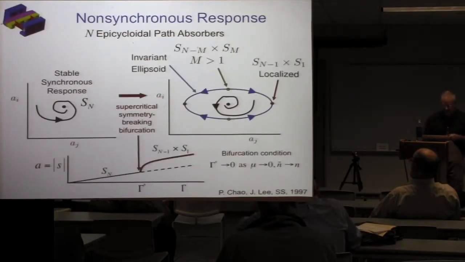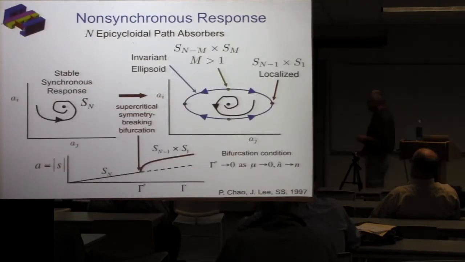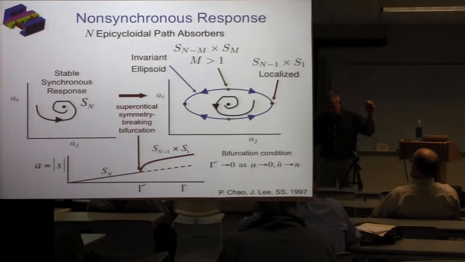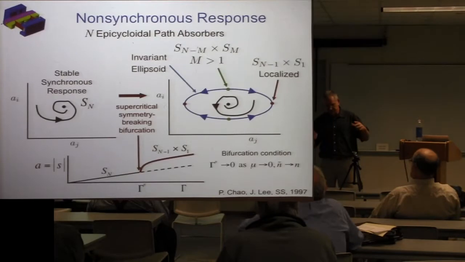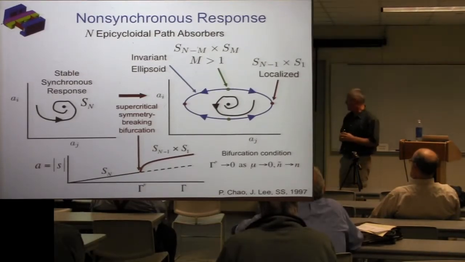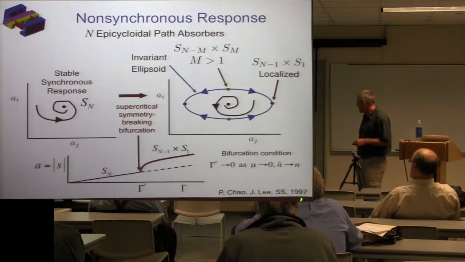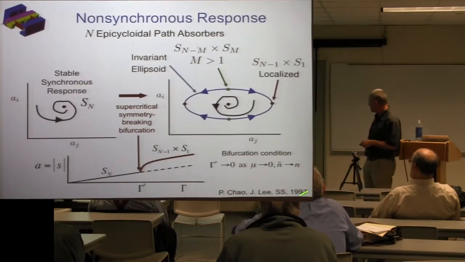And let me first talk about this tautochronic epicycloid absorber. So now we have a set of n absorbers. They're all essentially linear out to large amplitudes, but they're coupled to this rotor. So I have this nonlinear coupling to the rotor, and it turns out that Paul Chow, a PhD student of mine from a while back, I'll tell you more about history at the end. These papers are old.